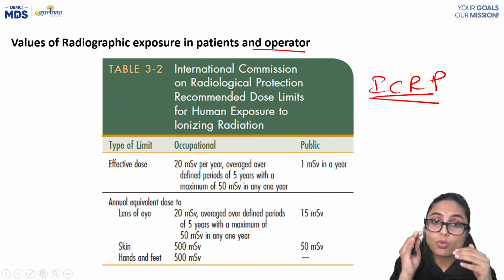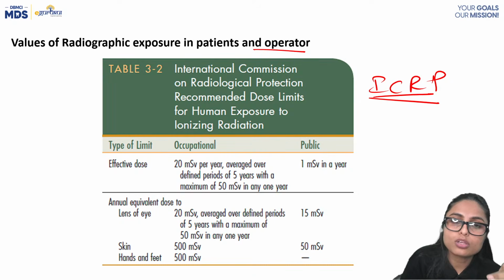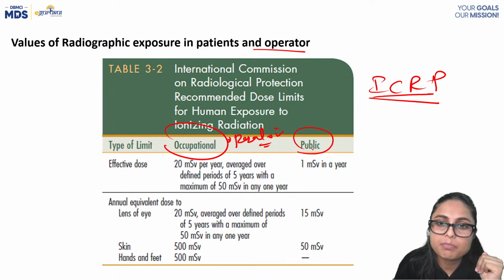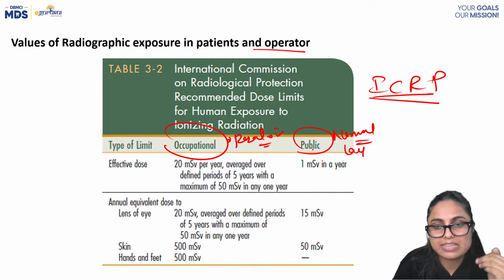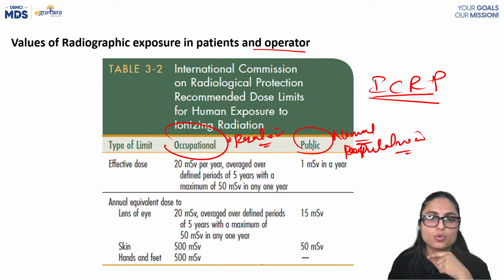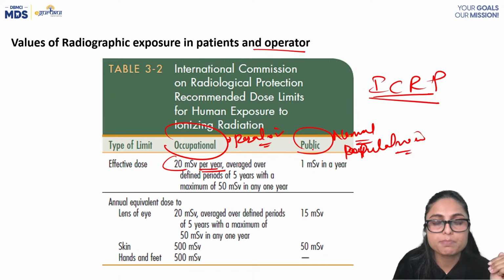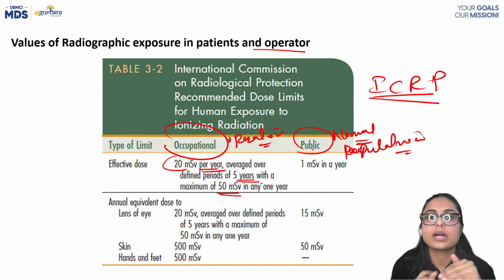ICRP has given us dose limits for occupational, meaning the operator, and for the public, meaning the normal population or layman. For operators, the people who work in the radiology department, the effective dose should be 20 millisieverts per year, averaged over defined periods of 5 years, with a maximum of 50 millisieverts in any 1 year.